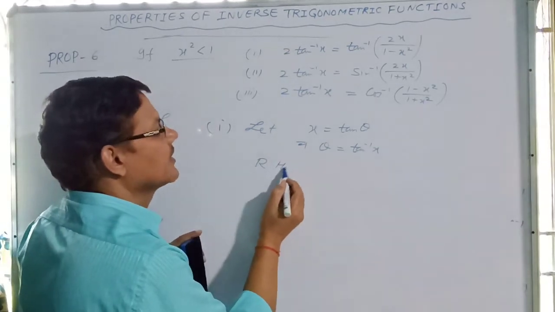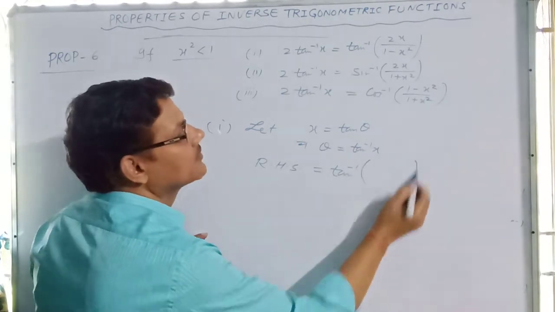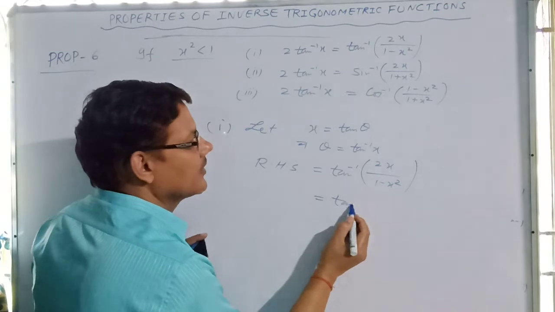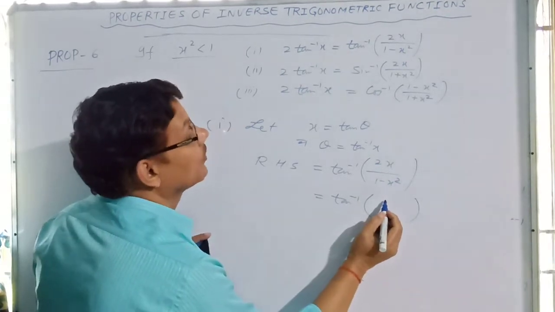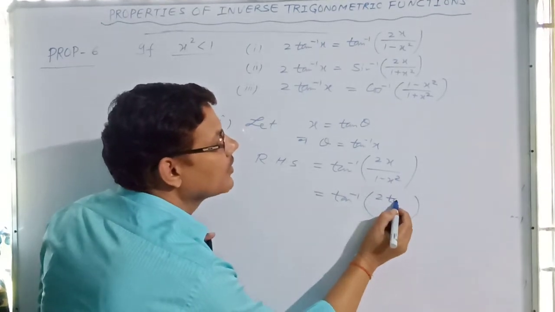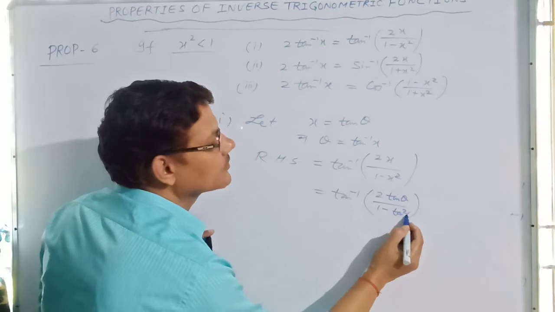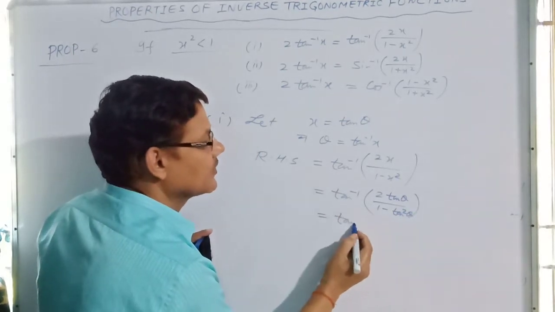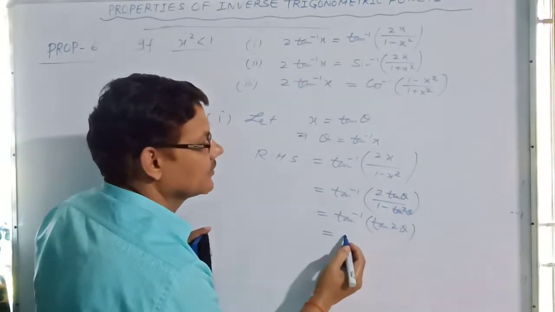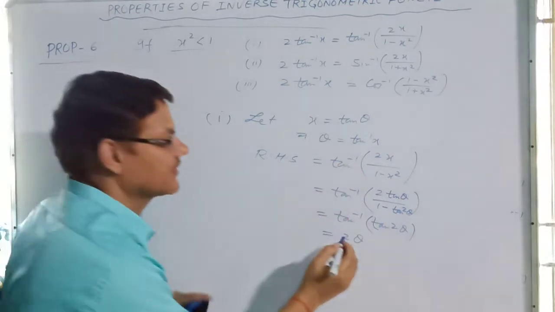Now the right hand side is tan inverse of 2x by 1 minus x square. With x equal to tan theta, that is 2 tan theta by 1 minus tan square theta, which is equal to tan inverse of tan 2 theta, which is equal to 2 theta. And what is theta? Theta is tan inverse x.